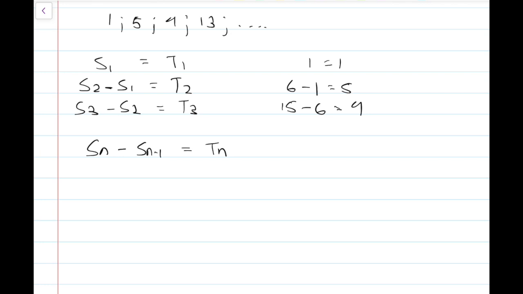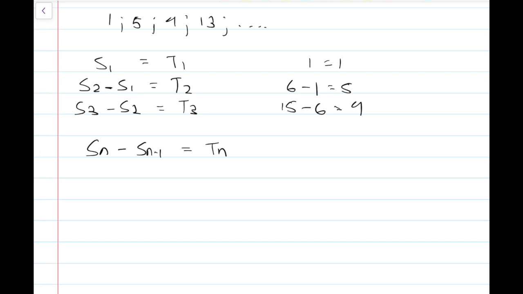So let's take a particular sequence and show how that's going to work. Let's say we have 16, 21, 26, and so onwards. Actually, sorry, we're not going to do that.